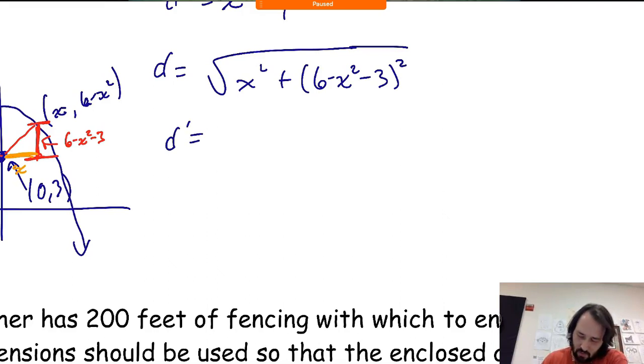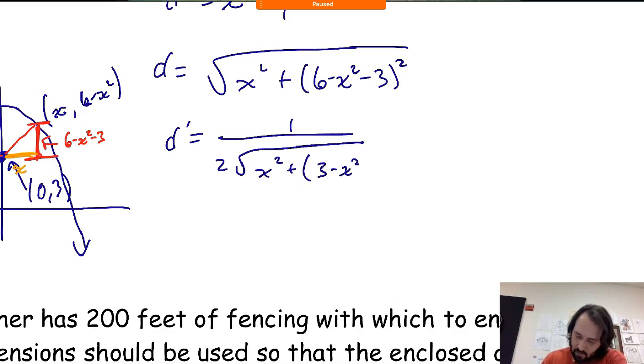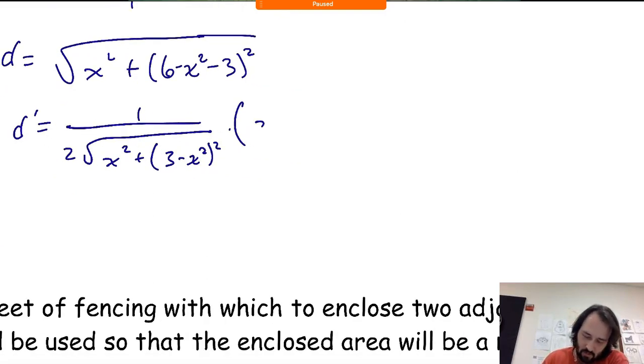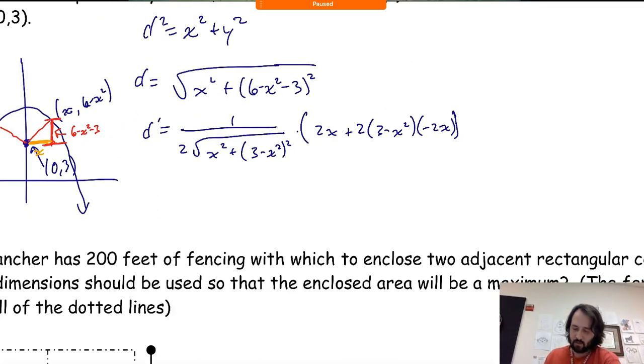So the distance prime would be 1 over 2 root all of this junk, so x squared plus 3 minus x squared, squared, times the derivative of the inside, which would be 2x plus 2 times 3 minus x squared times negative 2x. So I'm going to multiply out my numerator.